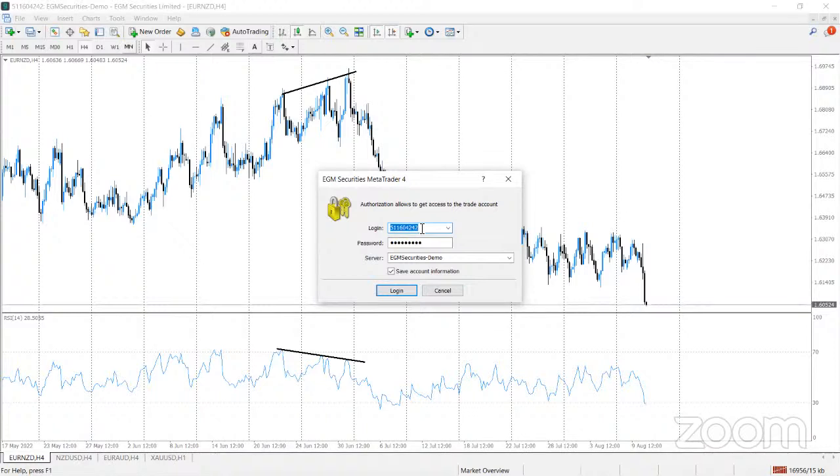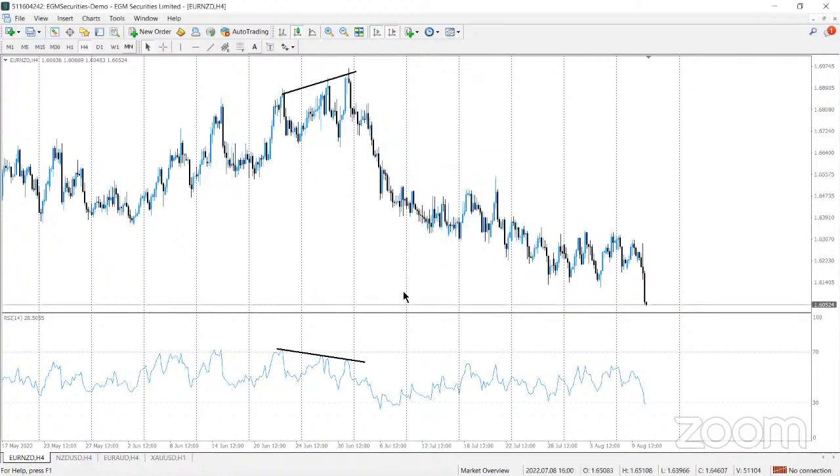So if it's a demo account, you enter your demo account ID, which you can find on the portal. If it's your live account, you enter your live account ID. And then your password, which is what you set from your portal. And then you specify if it's an EGM Securities demo server or a live server. I think it's usually live 4. And then you simply click login and you're good to go.